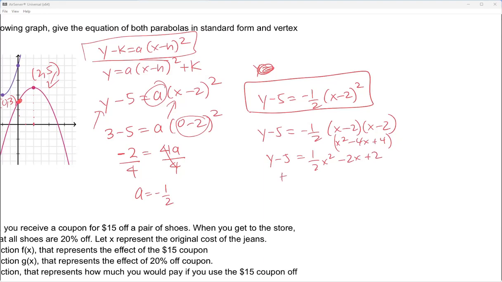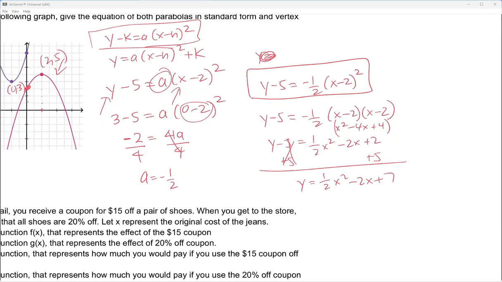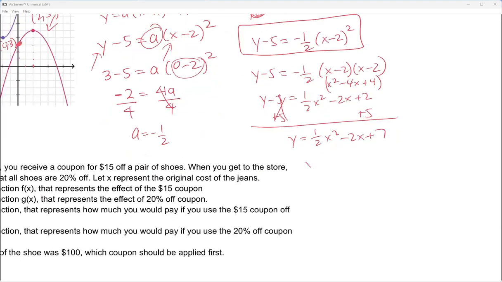I add the 5. So y is equal to 1/2 x squared minus 2x plus 7. And in standard form, generally we don't want fractions, so we multiply everything by 2. So y is equal to x squared minus 4x plus 14. All right. Life good?